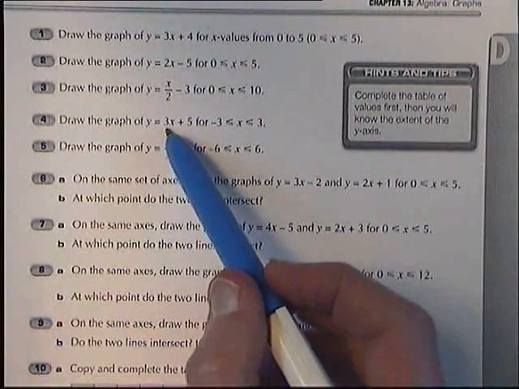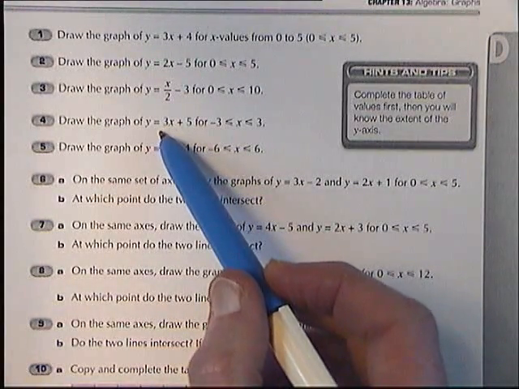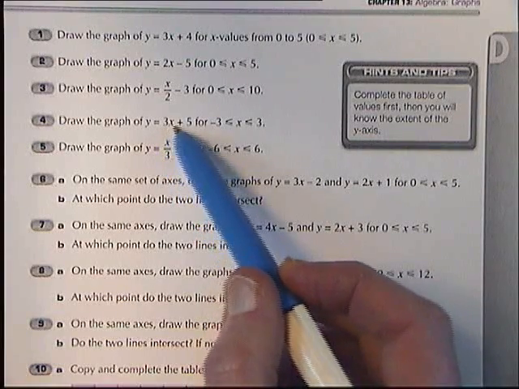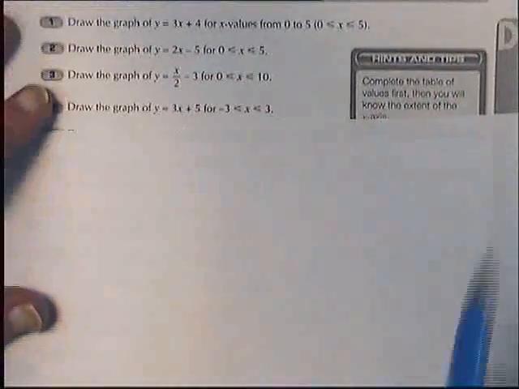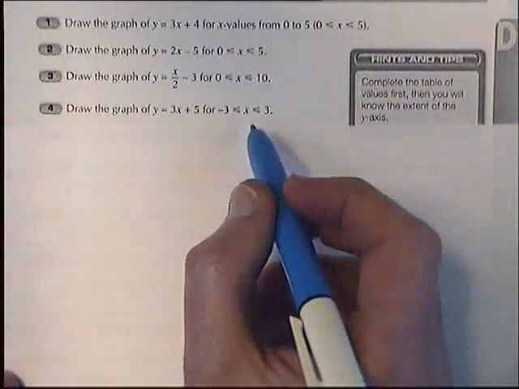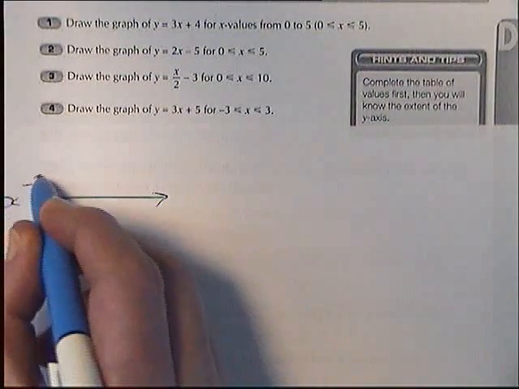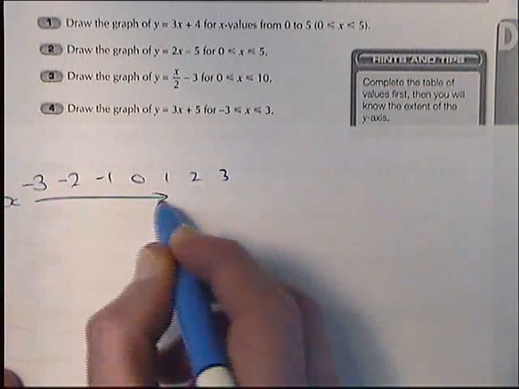So that's a timesing. Your instruction there will be X times by 3, and then you're adding 5. And it tells you for question 4, your X numbers go from -3 to +3. So when you start off your diagram, you need the numbers from -3 up to +3.